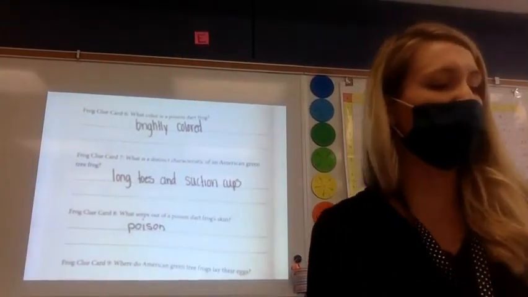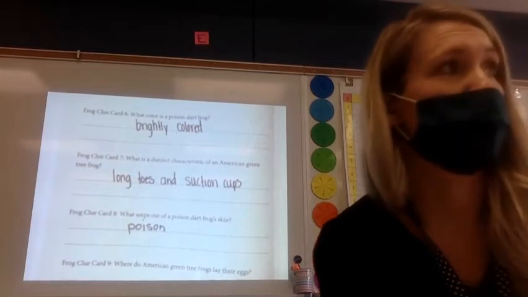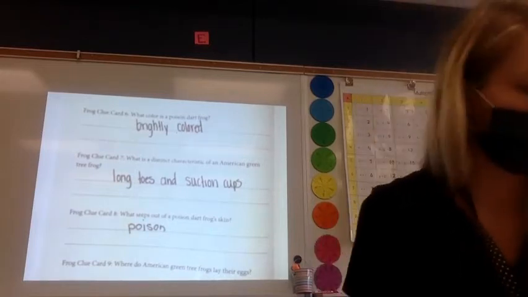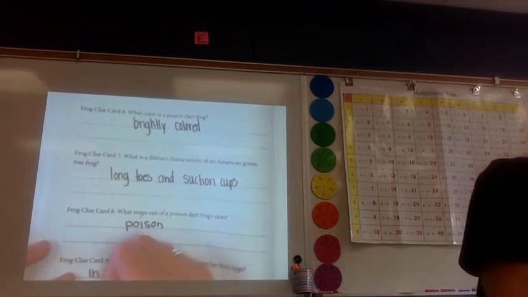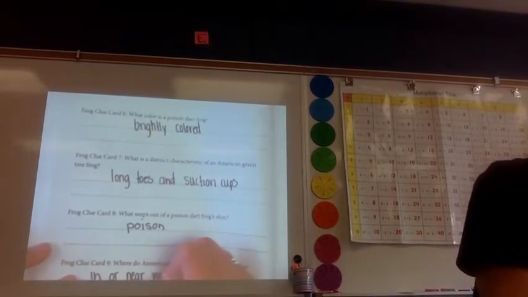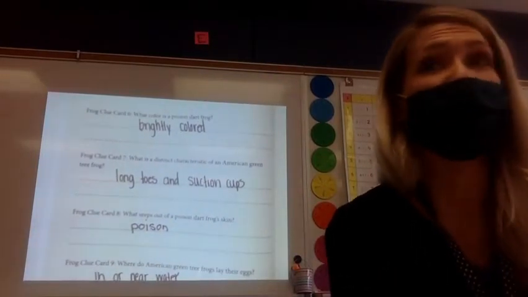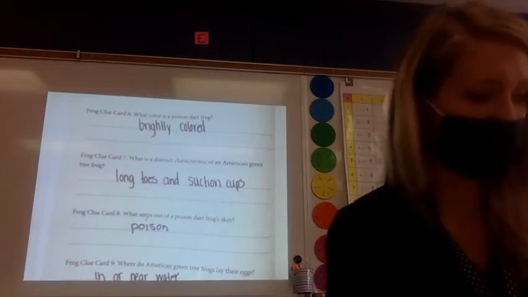Where do American green tree frogs lay their eggs? Near water. Where do poison dart frogs take their newly hatched tadpoles?